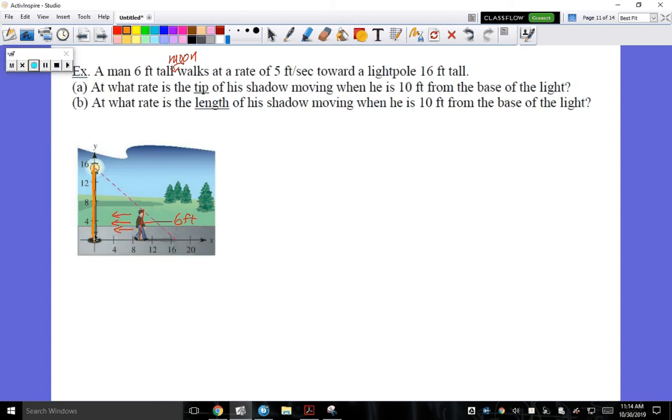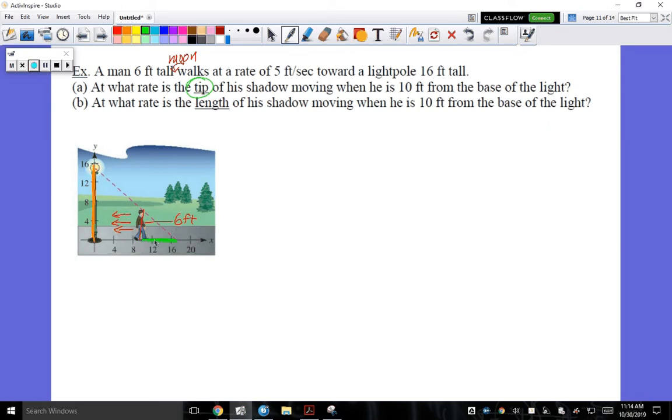At what rate is the tip of the shadow moving when he is 10 feet from the base of the light? At what rate is the length of the shadow moving when he is 10 feet from the base of the light? Here's his shadow.